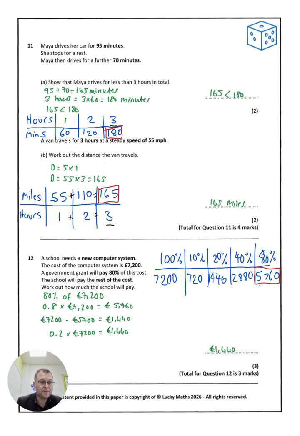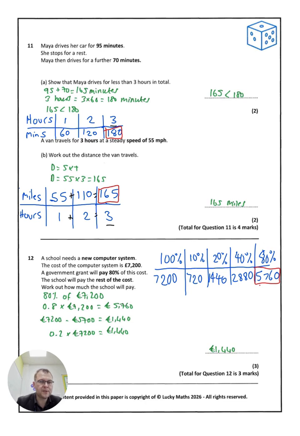Which is a real shame, but I'd argue, if you've got the basics really sorted to a high level, you could do this question without the calculator, because if you can work out 10%, double it to 20, and double to 40, and double to 80, you can find 5,760, which I've highlighted. It's not the answer though, because that is what the government grant will pay.